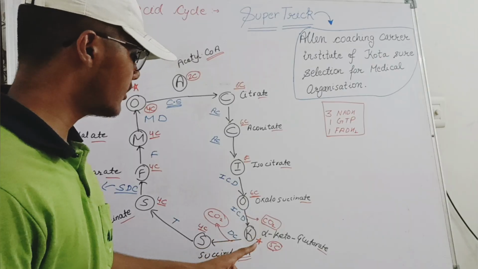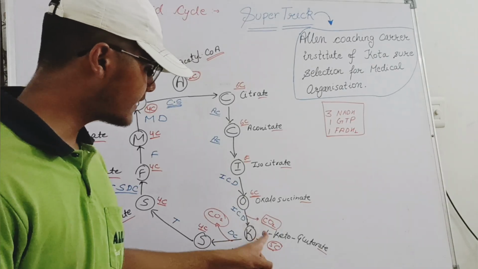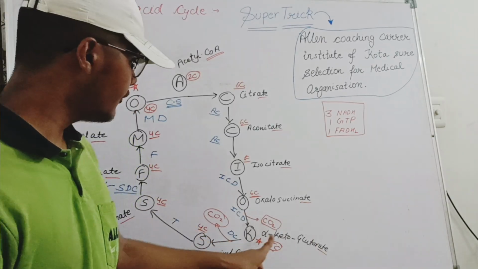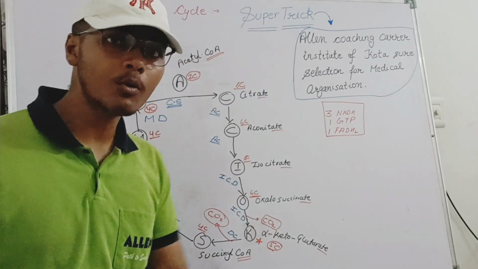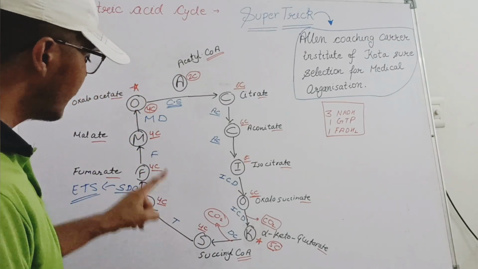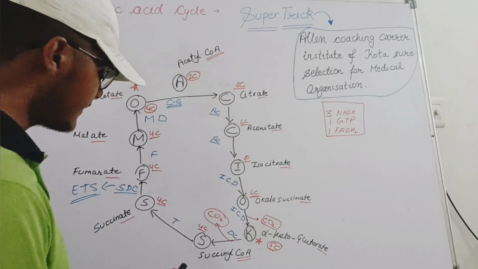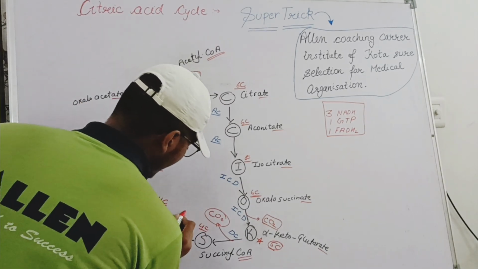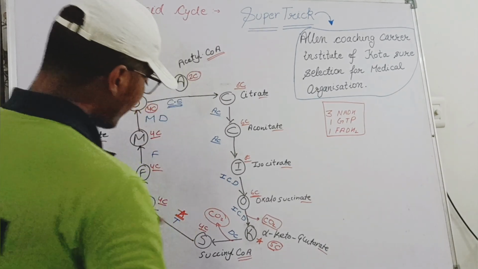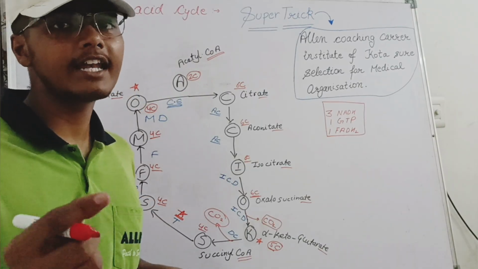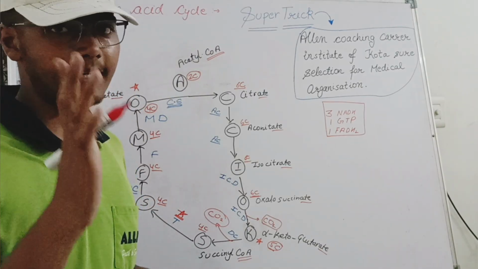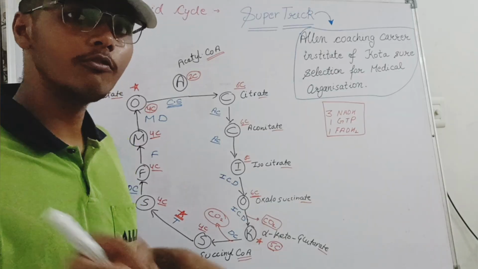Now let's move further. Here we have the alpha ketoglutarate. We will convert this into succinyl coenzyme A, and for that we will use the dehydrogenase complex. Okay. The next one is very important. This is a really important enzyme, because this is thiokinase, and only at this level does substrate level phosphorylation take place, meaning one GTP molecule will form over here.